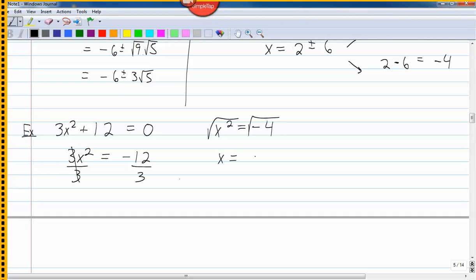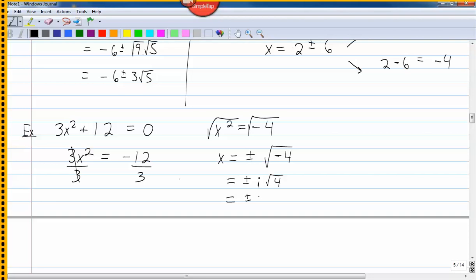We still put a plus or minus in front, but unless you know about imaginary numbers, which we all do because that's what we did last week, when you take the square root of a negative number, remember the way that you can get rid of this negative under the radical is to put an i in front of the radical. And so for this particular radical, we have the square root of 4. That's going to simplify. So the square root of 4 is 2.